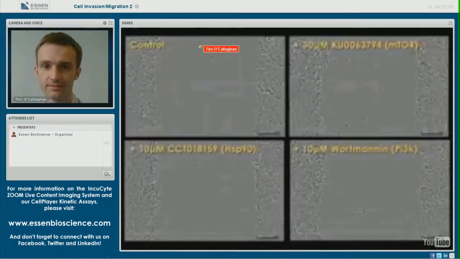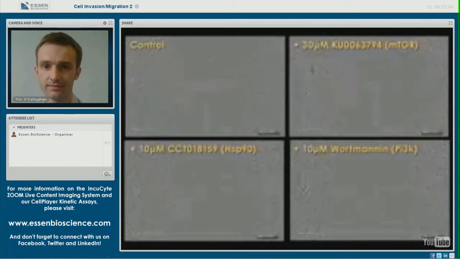So if I now move over to the movie for these compounds, we can compare the morphological effects caused by these compounds over time. In the control wells, we can see that HT1080s migrate to close the wound in a very uniform fashion. This is strikingly different from the phenotype observed for the HSP90 inhibitor, which shows very minimal early phase inhibition, but very marked late phase inhibition.